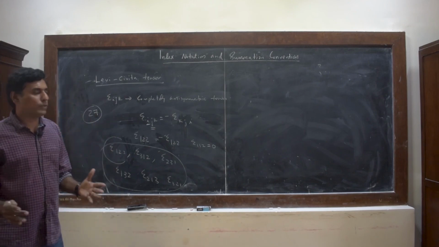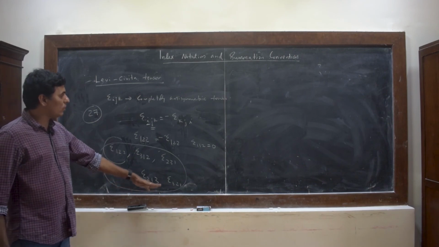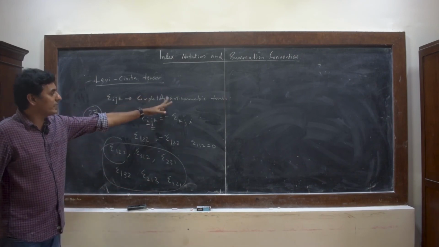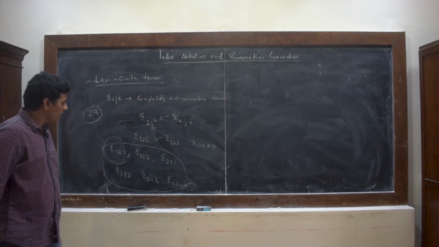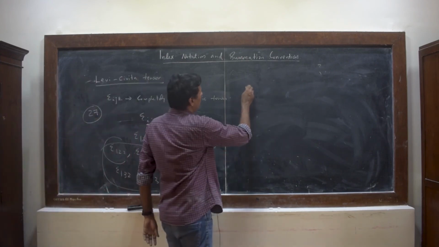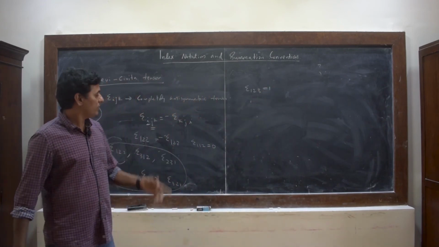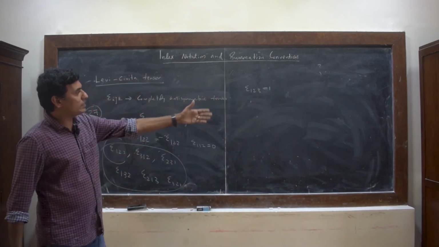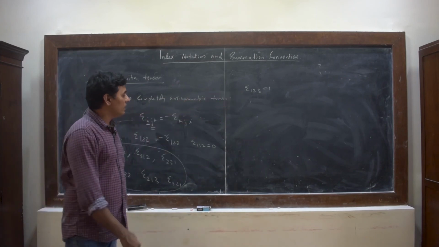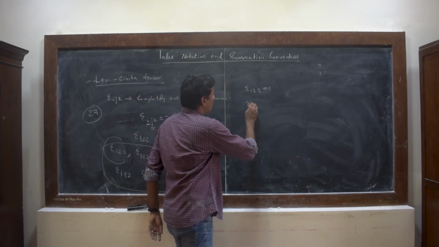So altogether you have 27 elements, but only 6 of them are non-zero because of this stringent antisymmetric condition. So let's suppose I fix my epsilon 123 as 1.